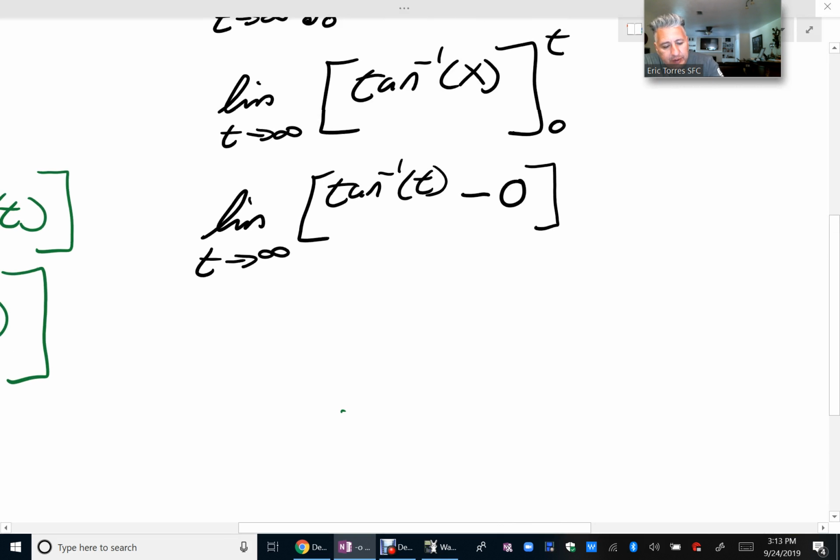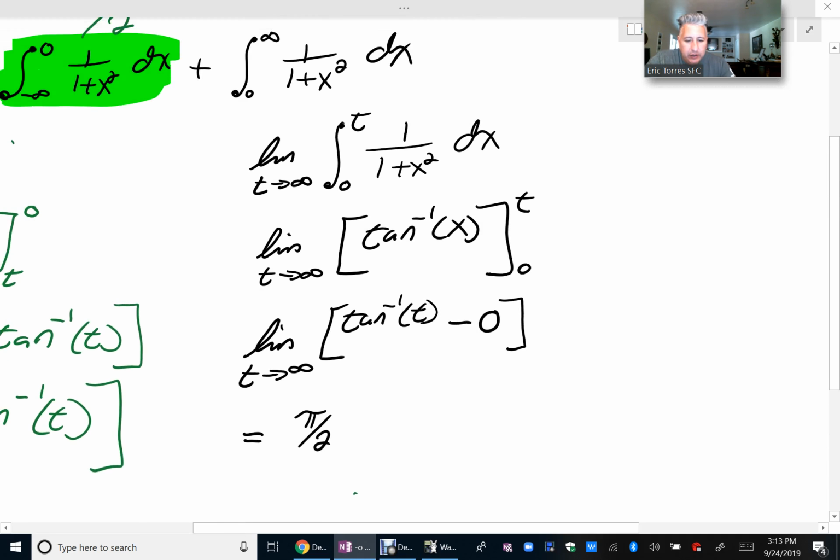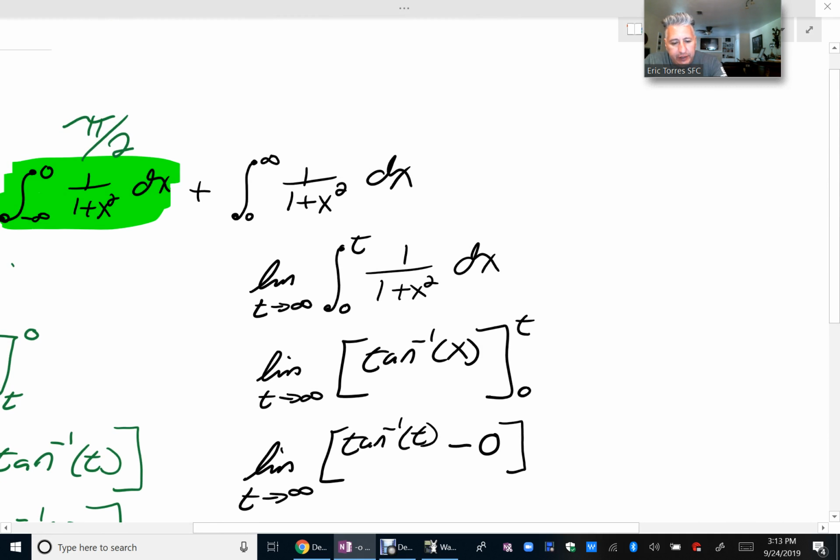So this equals pi over 2. Let's go back up, and I just figured out this second part. So it is pi over 2 plus pi over 2. My final answer is pi.